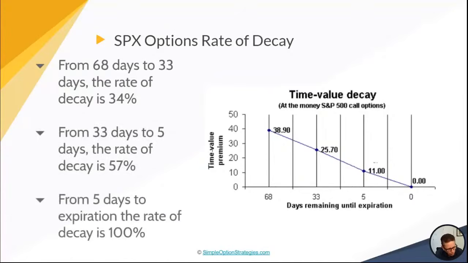And from 5 days to expiration, the rate of decay is 100%. Towards the very end of the life of the option, the rate of change for this decay is greatest. That's part of the reason that the 7DTE trade is so profitable. Just letting it sit there, because the decay in the option is doing all the work for you.